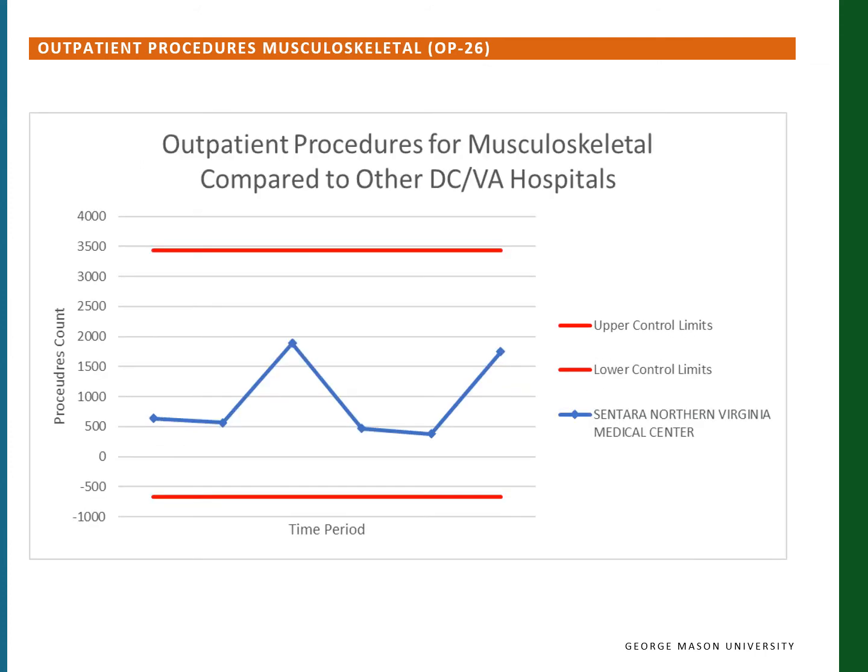The next control chart includes outpatient procedures for muscle skeletal. This is measure ID OP-26. As you can see from the chart, the Sentara Northern Virginia Medical Center falls within both upper control limit and lower control limit. I did not include the time periods due to the fact that it didn't fit within the chart correctly.